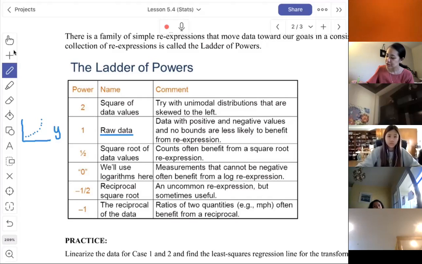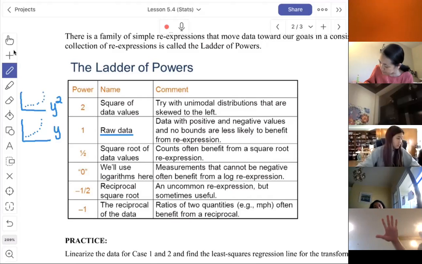Let's say we decide to square all the y values, and we graph it, and we see that it got even more curved. What that tells me is that I went the wrong direction on the ladder. Sometimes that will work and straighten it out, but sometimes it'll make it even worse. If it makes it worse, that means instead of going up the ladder, let's go down the ladder.